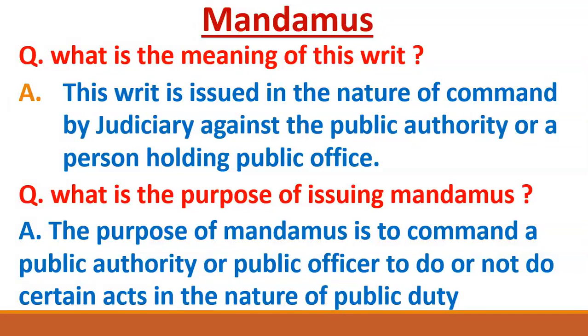So the Supreme Court can order that government officer to do his work properly, and by issuing the writ of Mandamus can force him to do his work properly, so that people do not face the problem.